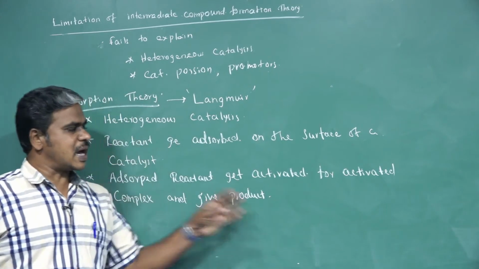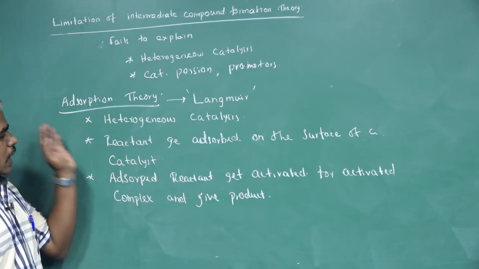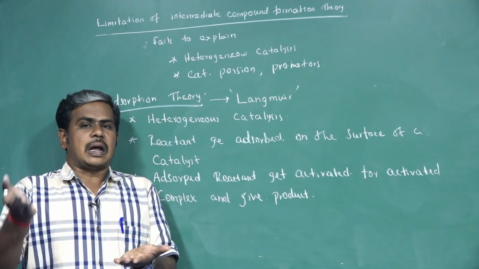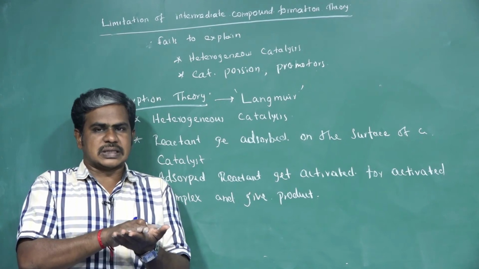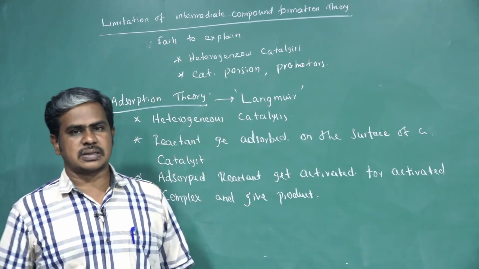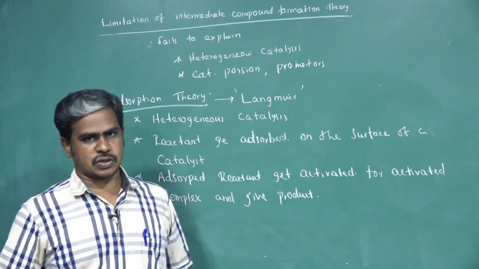So this is the adsorption theory. According to adsorption theory, the reactant molecule gets adsorbed on the surface of a catalyst, forms an activated complex, and is converted into product.